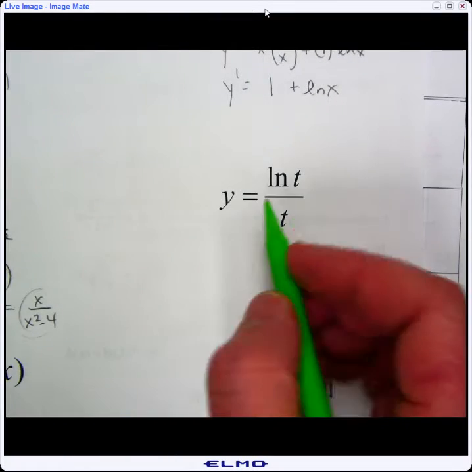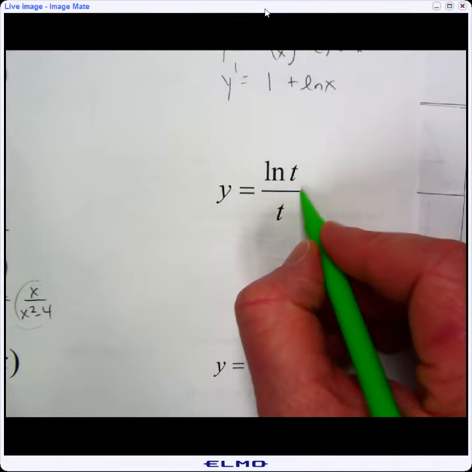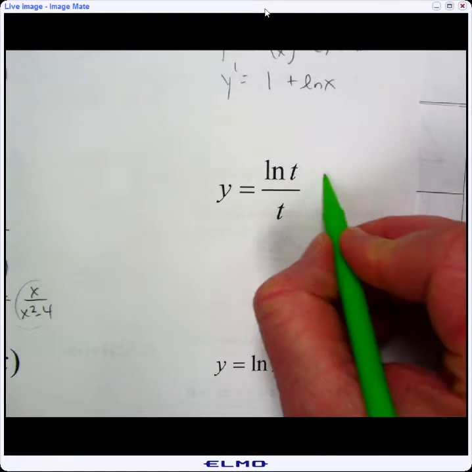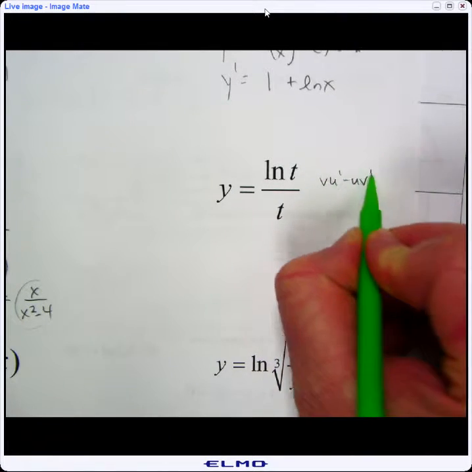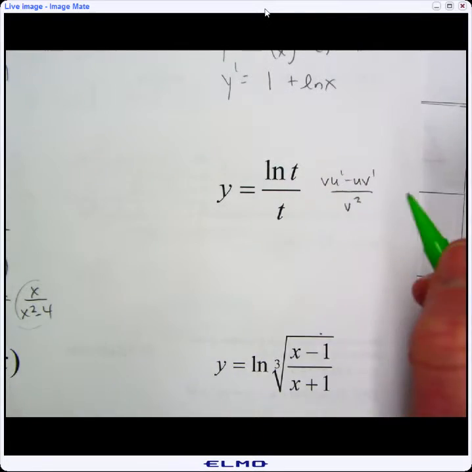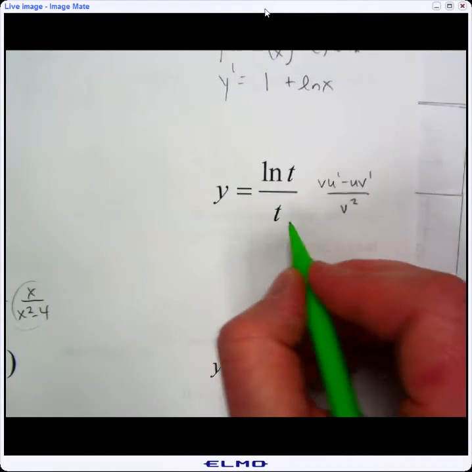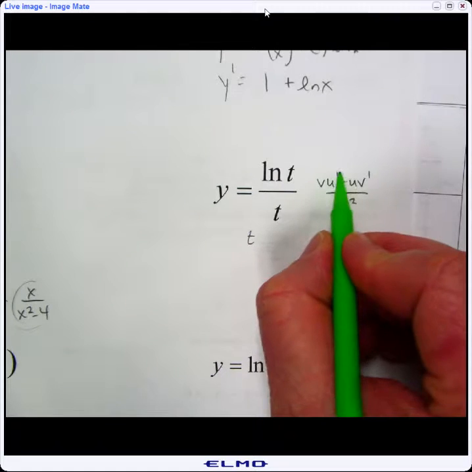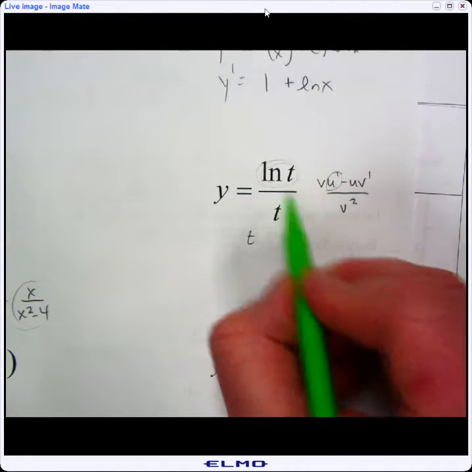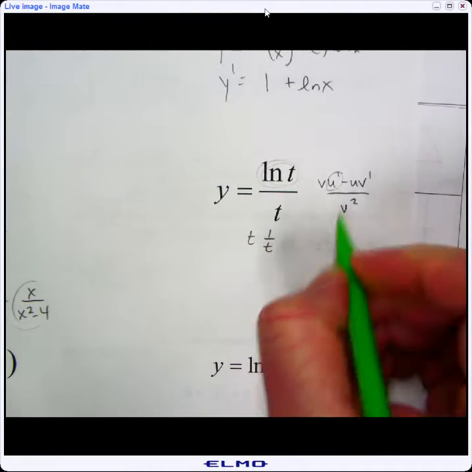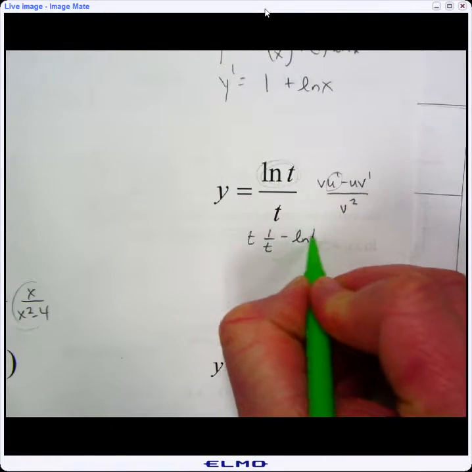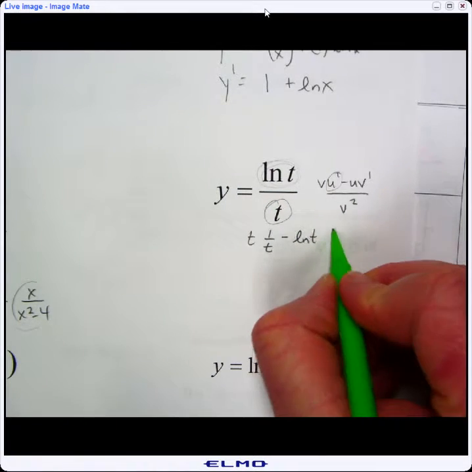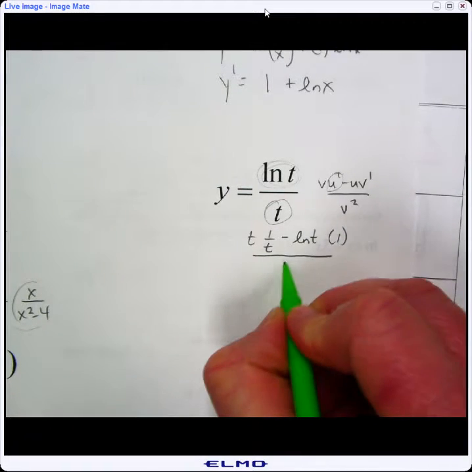Natural log of t over t is a quotient rule. Low d high minus high d low over low squared. So t, the derivative of that is 1 over t minus u, the derivative of that is 1, all over t squared.